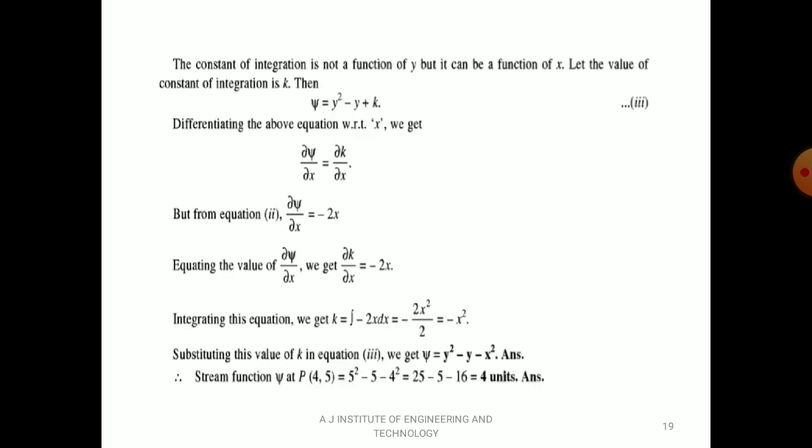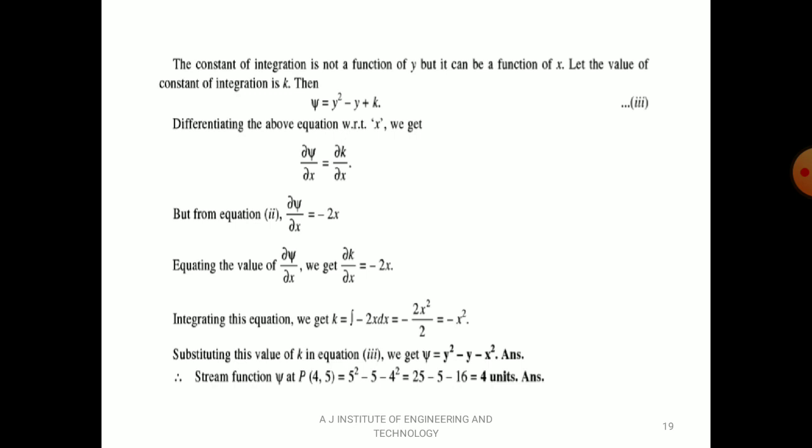You can just equate dou xi divided by dou x from equation 3 and equation 2. So we get dou xi divided by dou x equal to dou k divided by dou x. The value of dou xi divided by dou x is minus 2x from equation 2. So equating, we get dou k by dou x equal to minus 2x.